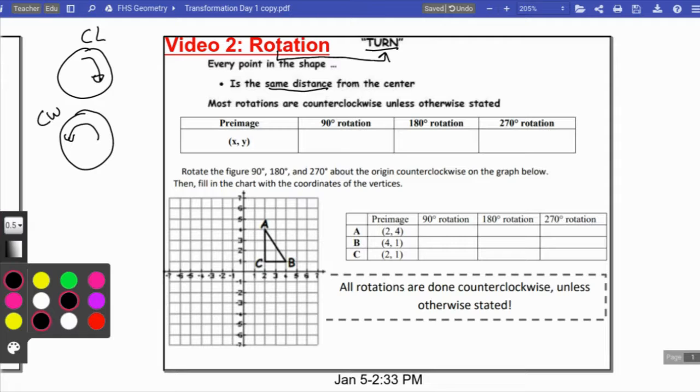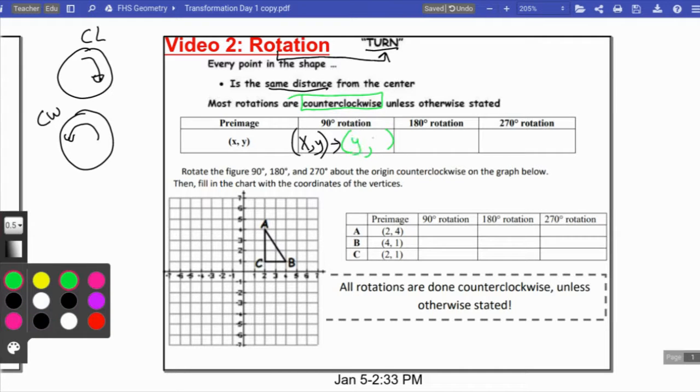Let me write the rules first. Most rotation will be counterclockwise. When you're doing 90 degrees counterclockwise, I don't expect you to memorize this, but just see it for now. (x, y) becomes (-y, x).